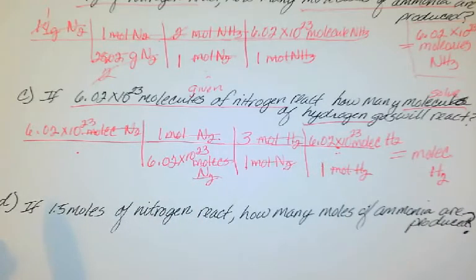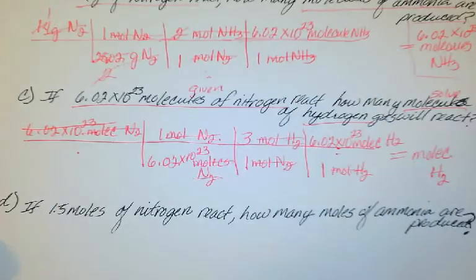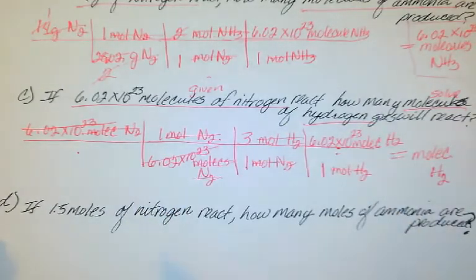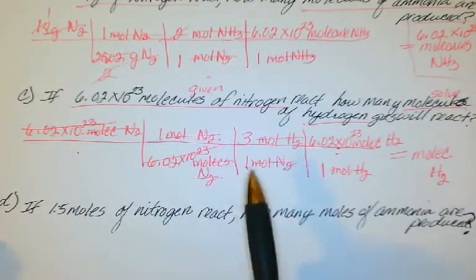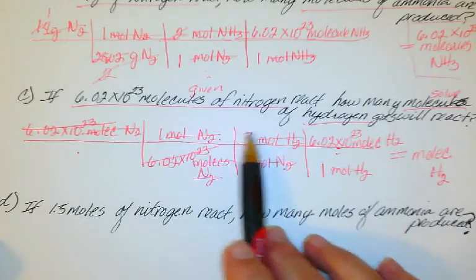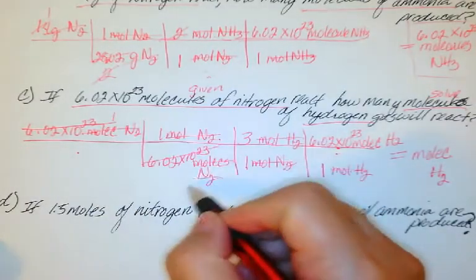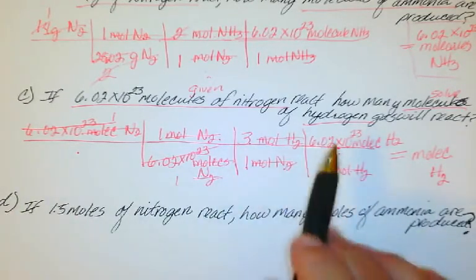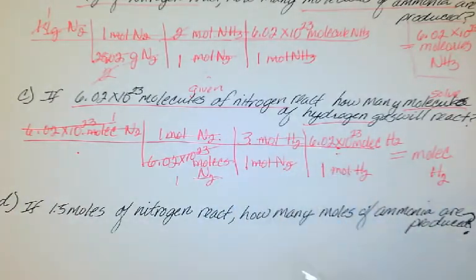But can I also do some cross-canceling of numbers? Yeah, I can cross-cancel 6.02 times 10 to the 23rd, what I began with, and this one. What does that leave me? Well, this becomes a 1 and a 1. There's 3 and 6.02 times 10 to the 23rd divided by 1 and divided by 1.